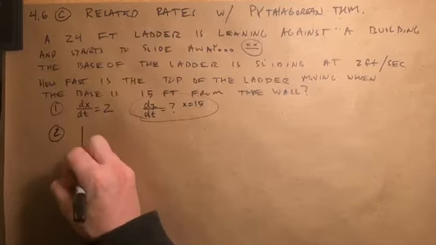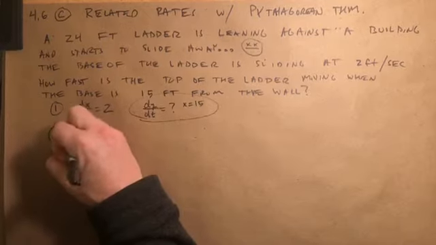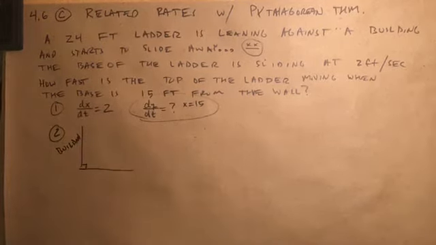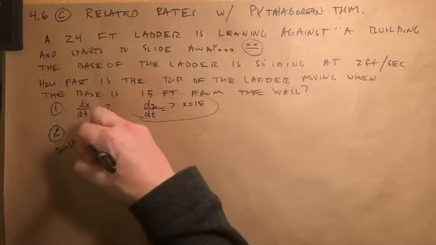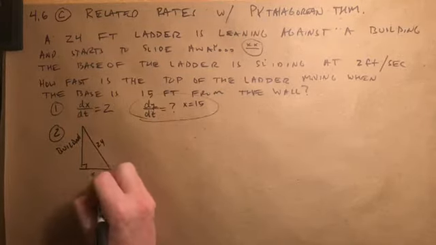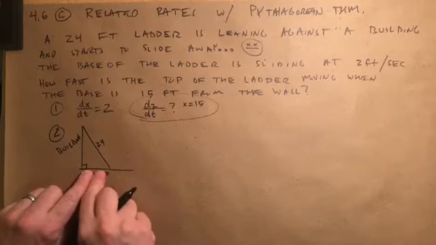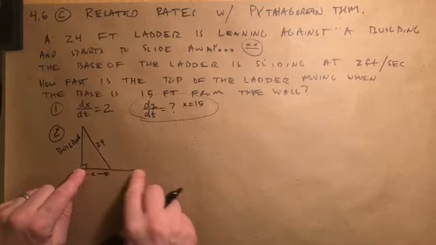So here's our building, here's the ground, and like I said, we assume right angles. So we have our ladder here, which is 24 feet, and x is getting bigger, yes? dx/dt is a positive number. The ladder is sliding away.